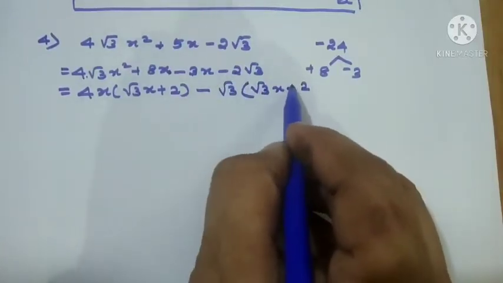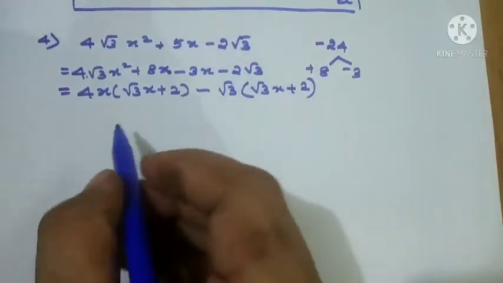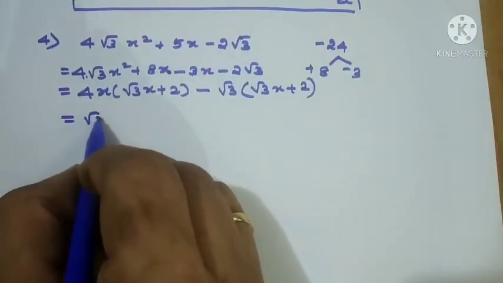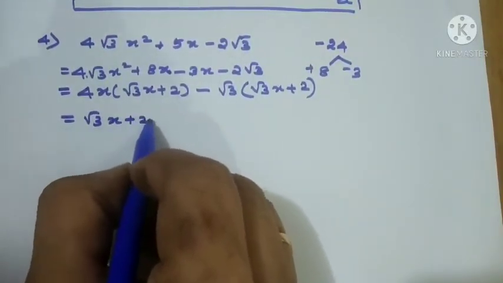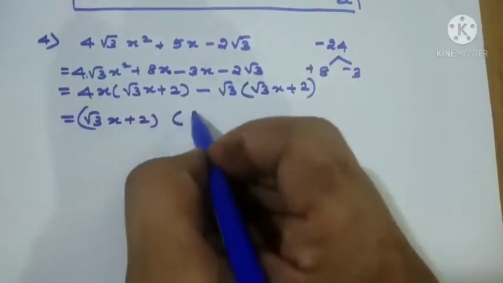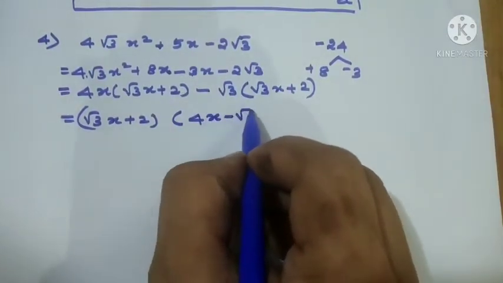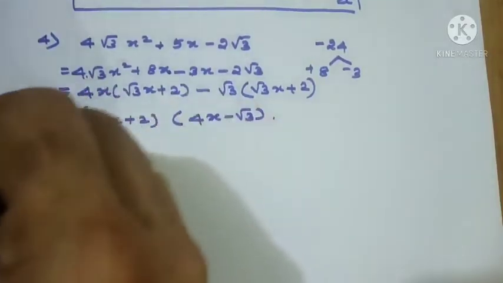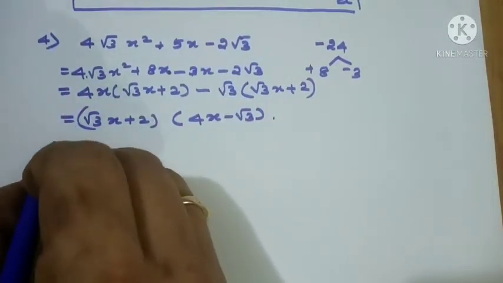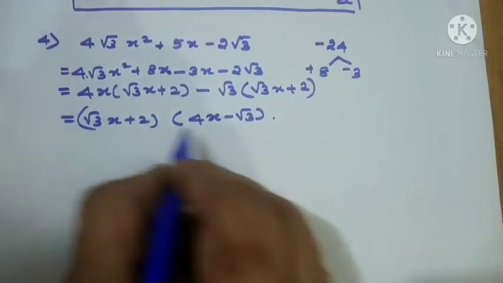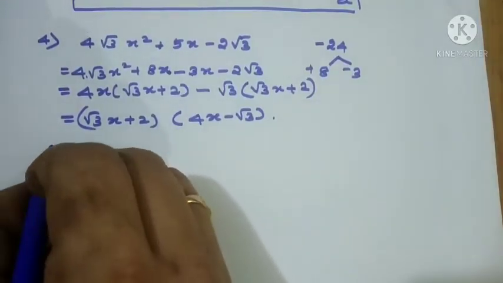Minus is also taken down, so plus 2. So what is the common now? Root 3x plus 2 into 4x minus root 3. Now factor form we got, now zeros we want.